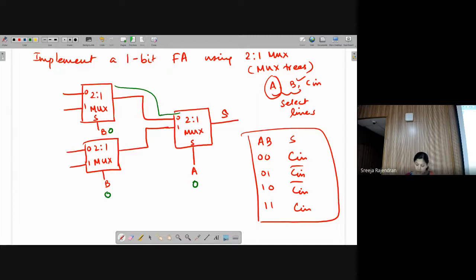Now B is equal to 0 means which input will be selected for this top multiplexer? The first one. So I should have my C in here, right? Only then C in will come to sum when my select bits are 0, 0. Yes or no? Now if I am saying A is 0, B is 1.